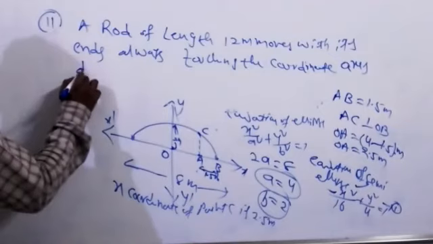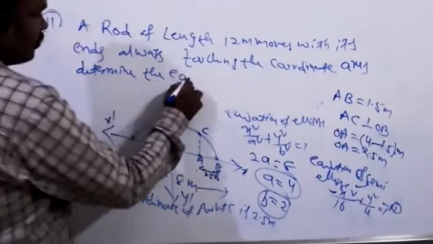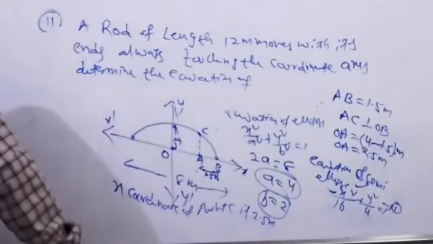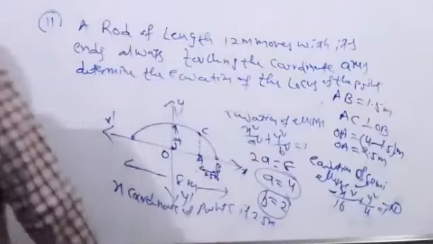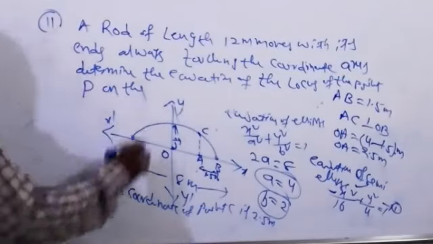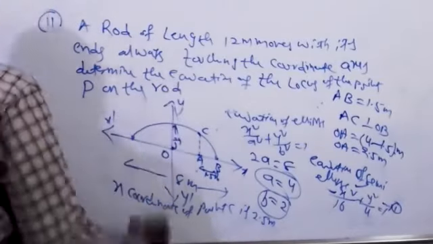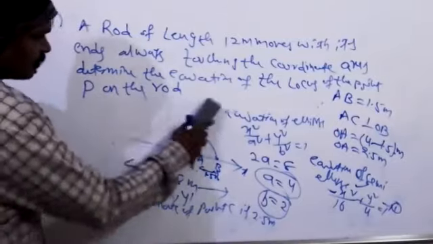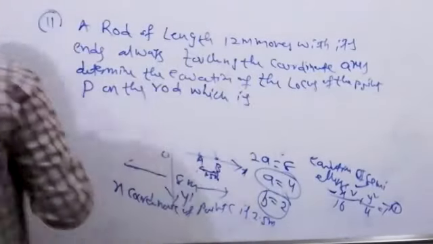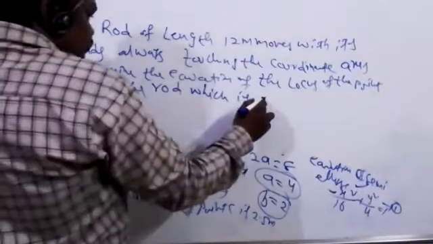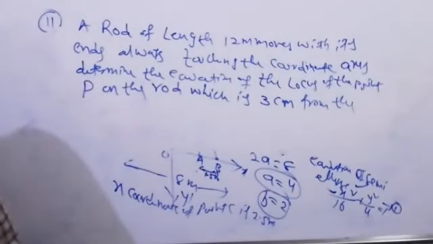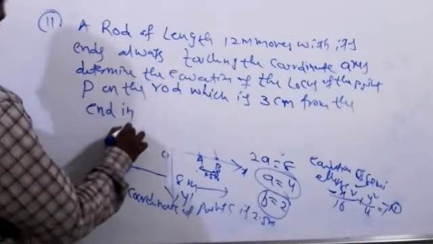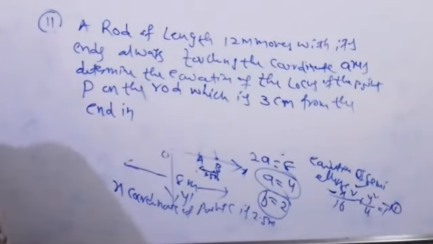Determine the equation of the locus of the point P on the rod which is 3 centimeters from the end in contact with the x-axis.